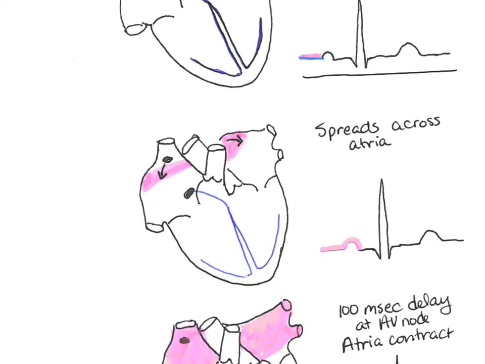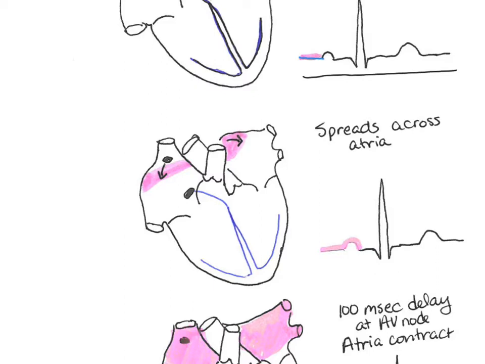Then the next thing that happens is that we see that the electrical impulses start to spread throughout the atria, through that internodal pathway, right? And so we can see the pink area in here that I have, that's where the atria is starting to become excited. The contractile cells are starting to get excited.